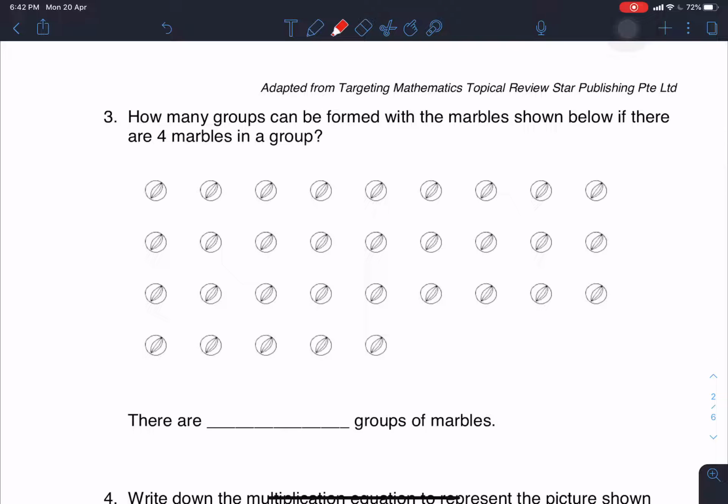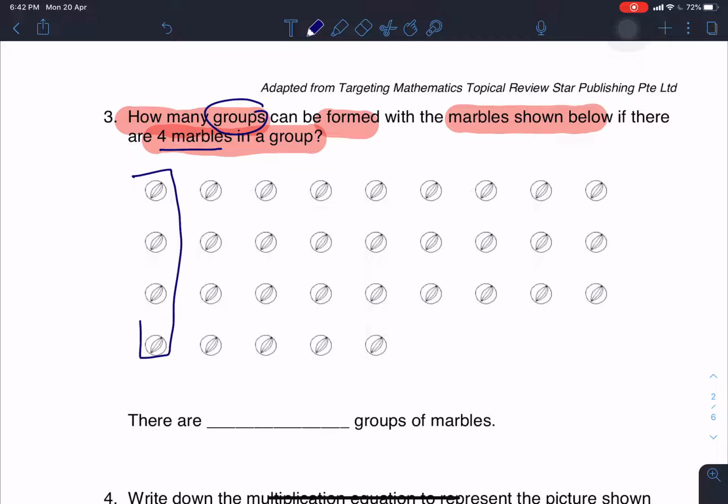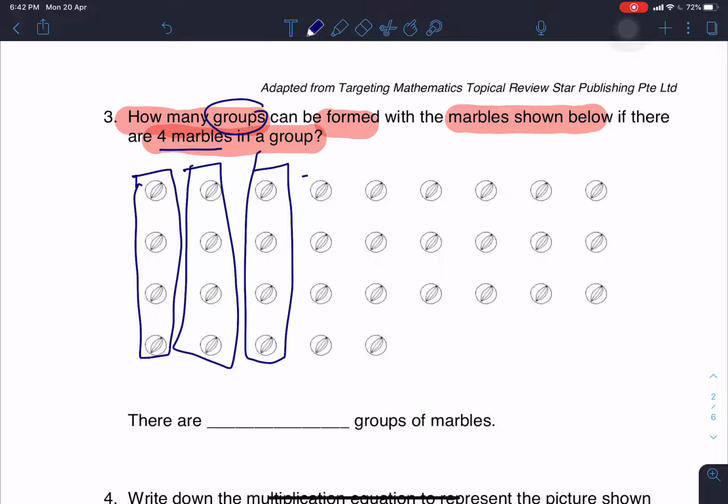Now this question we need to read carefully. How many groups can be formed with the marbles shown below if there are 4 marbles in a group? They want us to find how many groups, not the total. If there are 4 marbles in each group, that means one group has 4 marbles, so we can circle them.